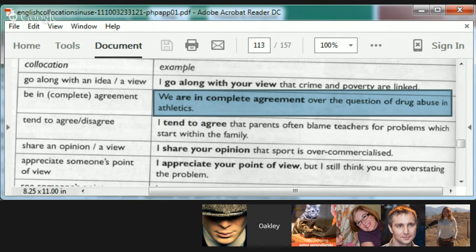Do you know any other collocations, Alex, that go with agreement? I'm just thinking about other things that might go with agreement, like absolute agreement, complete agreement. Yes, I understand. Complete, absolute, and maybe really agreement.